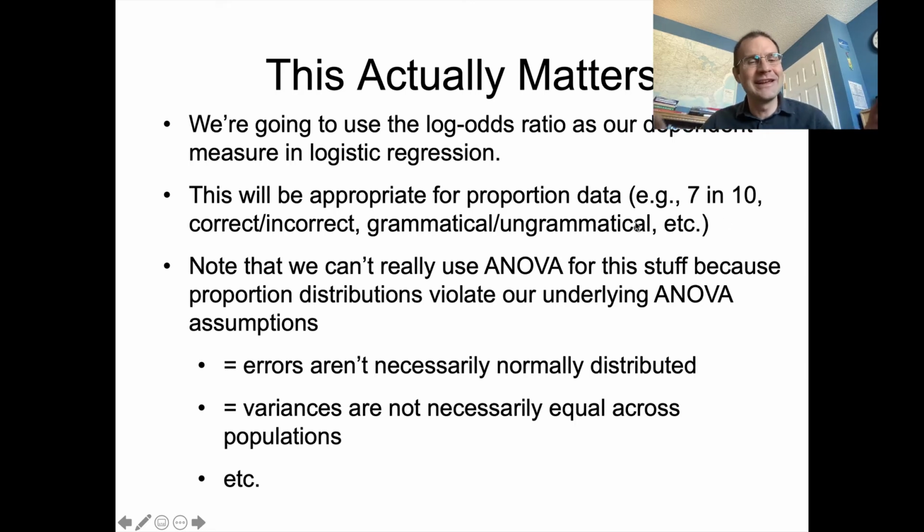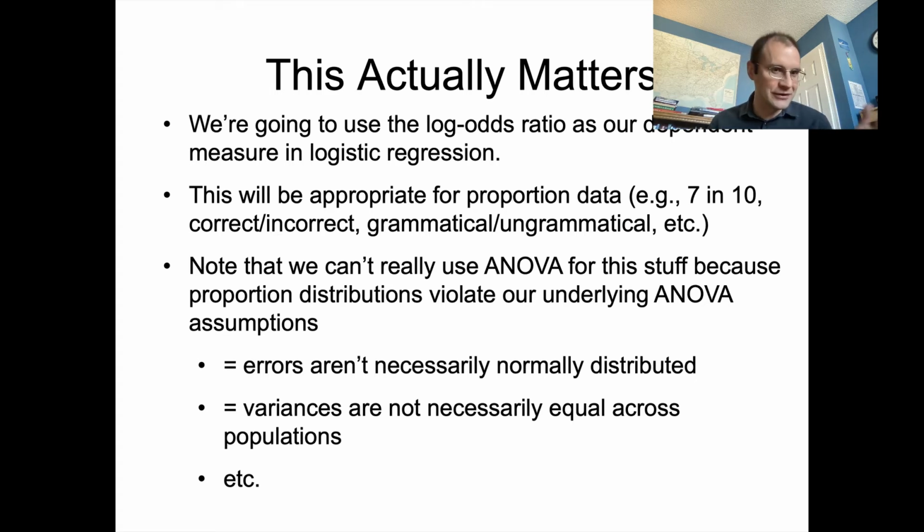You couldn't actually go past 0 or a probability of 1 in those scenarios. But they would try to make it work either way. It still doesn't make sense because you have problems like the errors are not normally distributed in these proportion results. The variances are not necessarily equal across proportions, et cetera. We've talked about the underlying assumptions for ANOVA. Many of them don't apply in these scenarios. So you can't just say, oh, I've got my results and they're percentages, and I'll just apply an ANOVA to it.